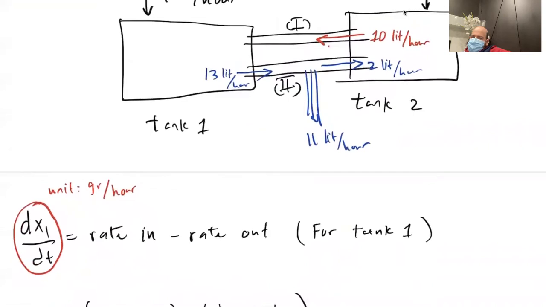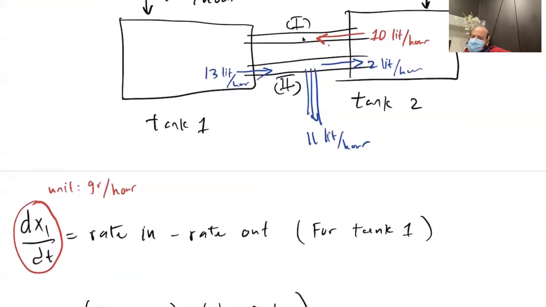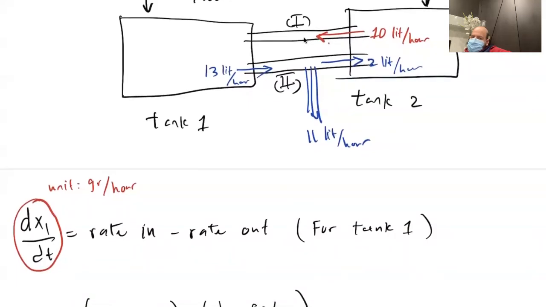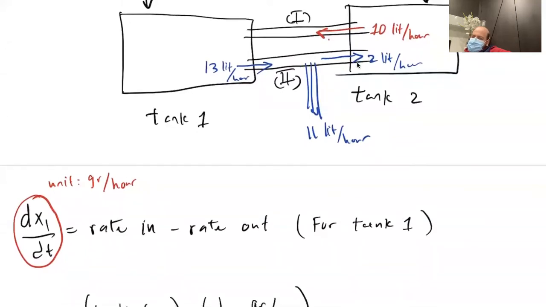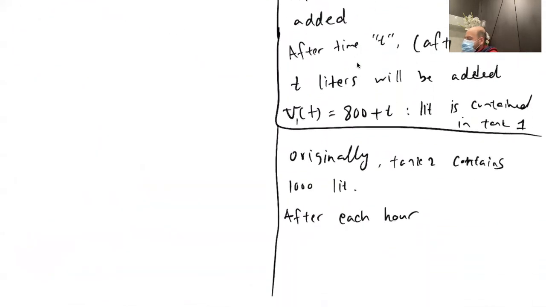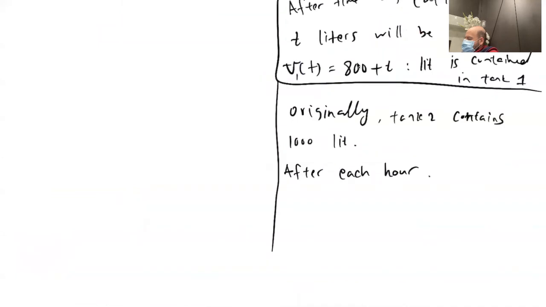So overall 9 liters comes in, 10 liters goes out, which means 1 liter overall goes out of tank 2 after each hour.